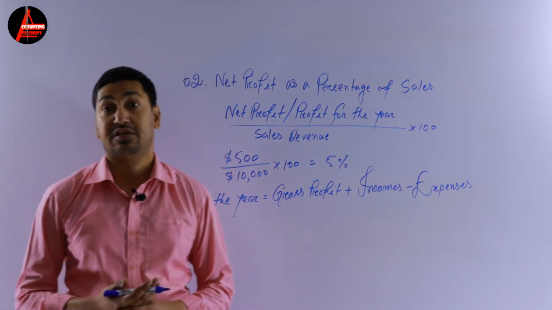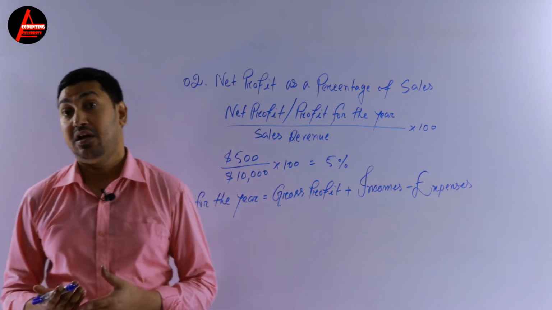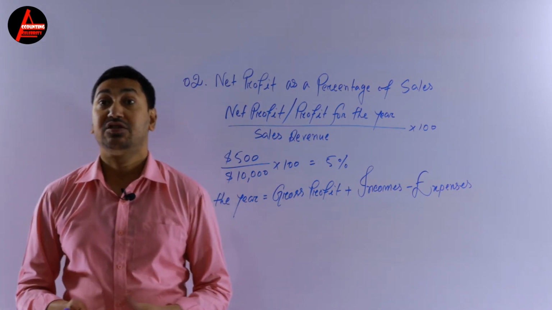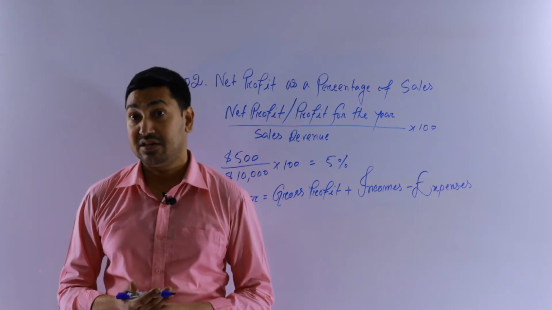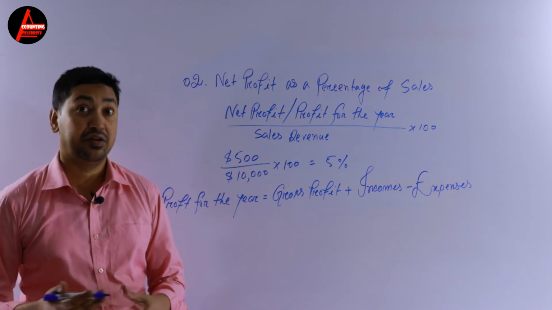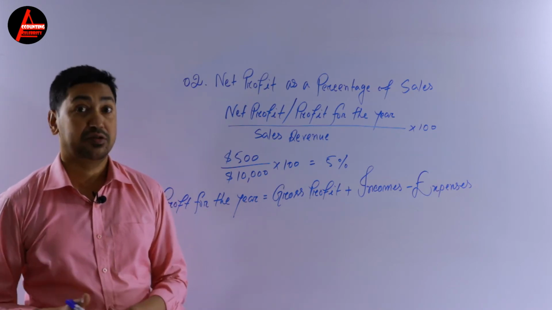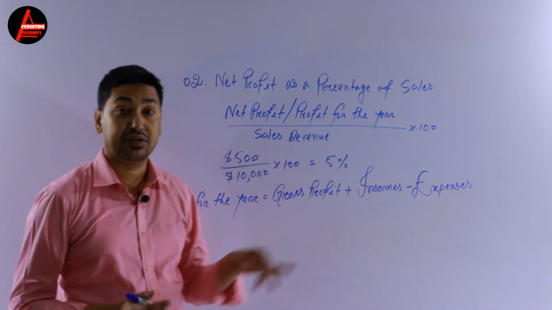What are the expenses in the business? Like stationery, office expenses, wages, salaries, then motor expenses. These will be your day-to-day expenses. So you have to subtract them after you add incomes to gross profit.